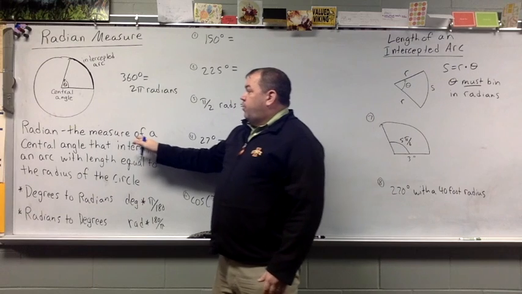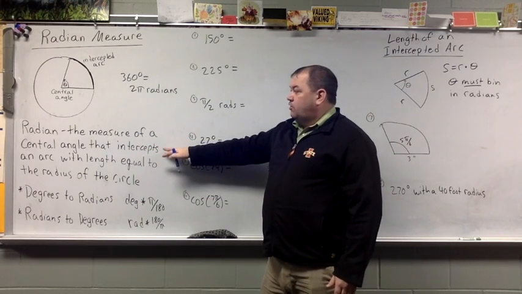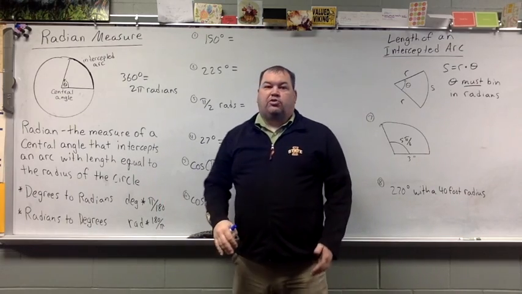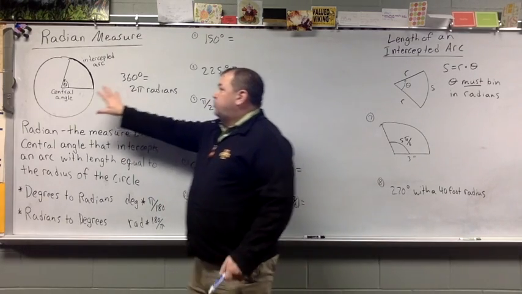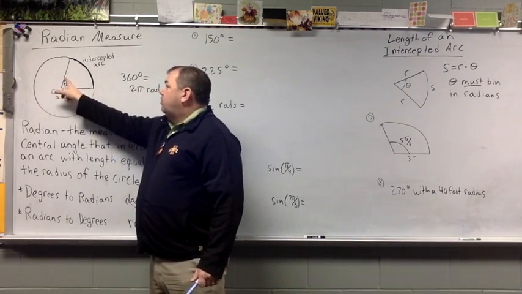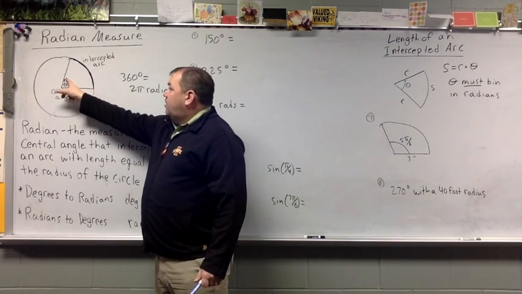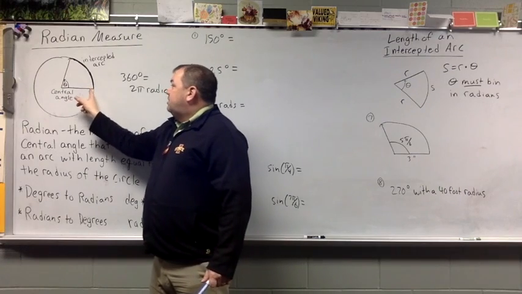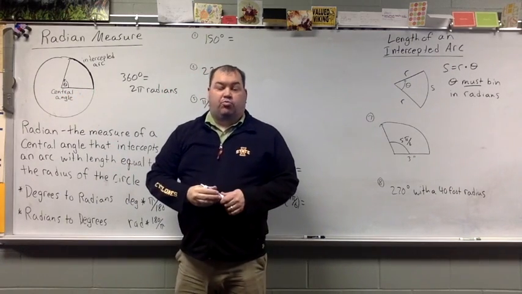Now the definition of a radian is the measure of a central angle that intercepts an arc with length equal to the radius of the circle. So I drew a picture up here. Here's my angle, and they're saying that this angle and this length are going to be the same based on the radius.